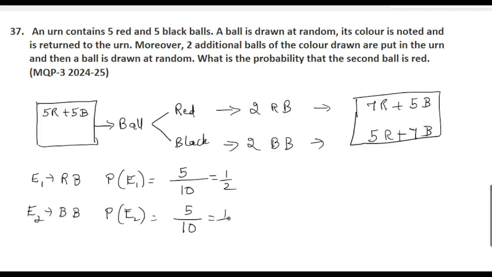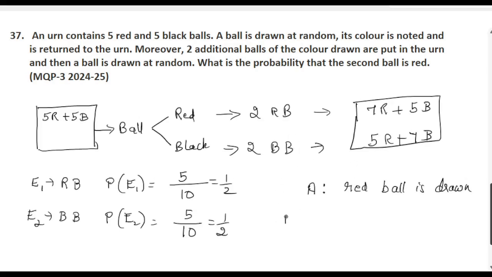So this is half. So P of E1 equal to half and P of E2 equal to half. Now the question is, what is the probability that the second ball is red? Now after adding this additional 2 balls, a ball is drawn from this bag. The condition is a red ball is drawn from this bag.